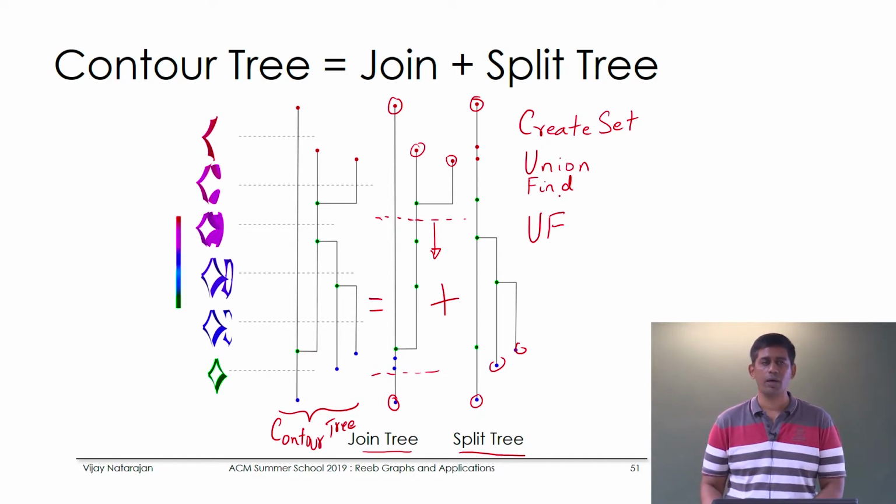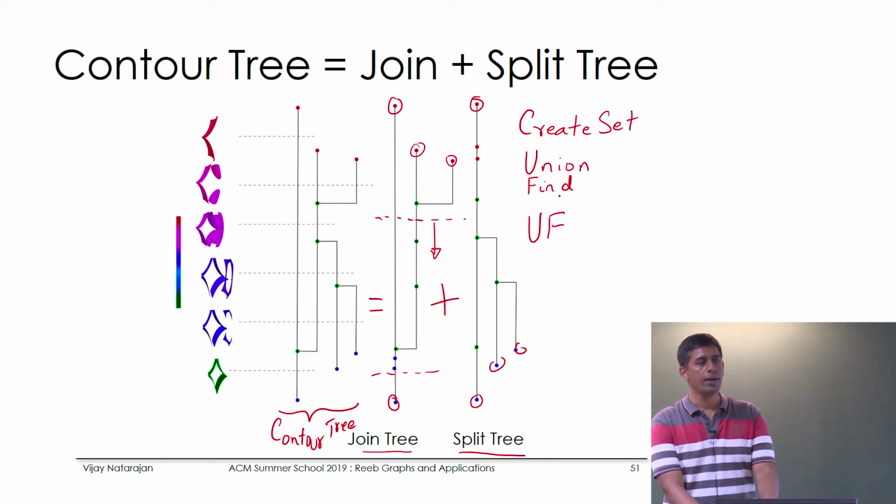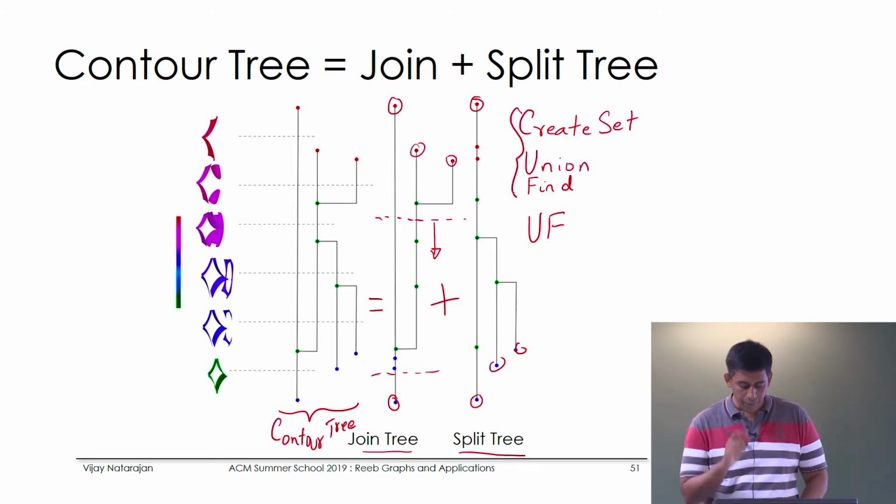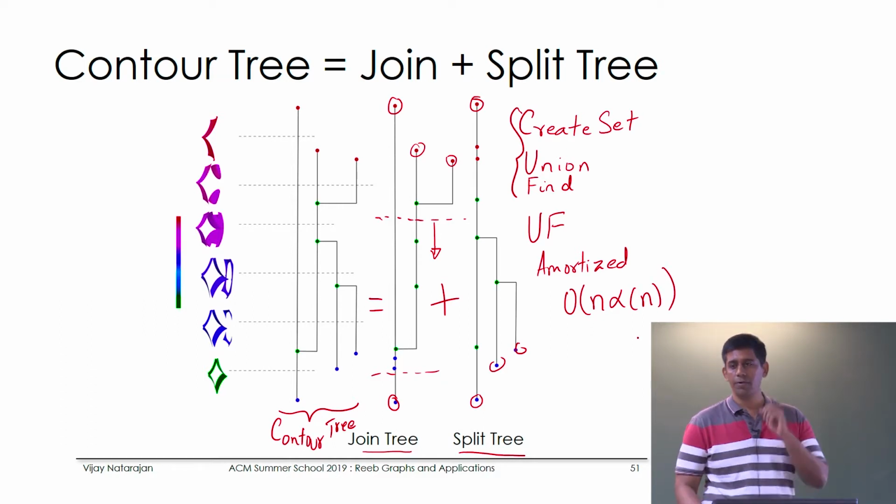Find is more like a query. These are supported in an amortized O(n alpha n) time.